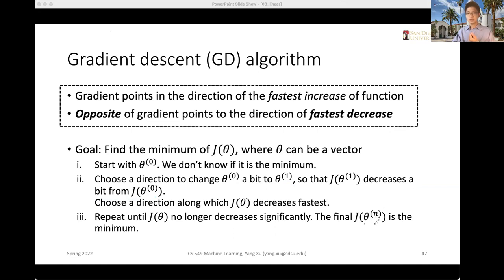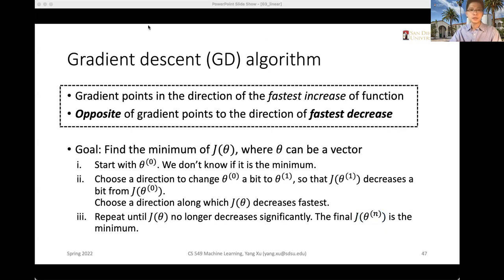And we will claim that after maybe the nth iteration, the current theta n is the minimal point. And that final theta n is the model parameters that we have finally trained.